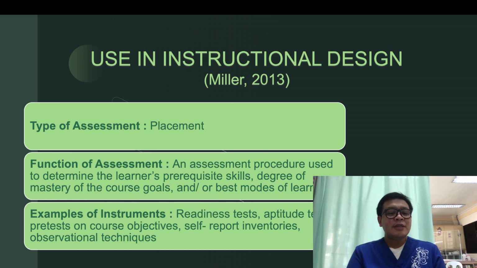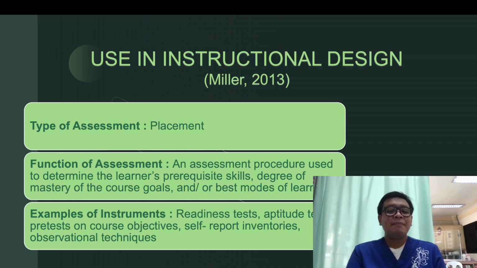Let me give some examples of the instruments being utilized. First, for placement, there should be readiness tests. There are exams that we have to have ready. We have to make sure that everything is in plan. It's good that we practice spontaneity, but it would be best that everything is organized prior to meeting your students to know their readiness.